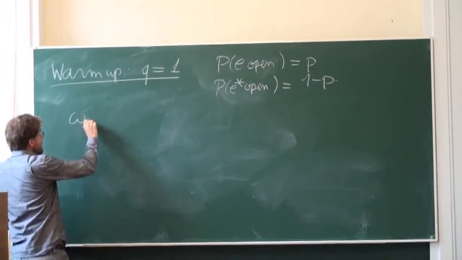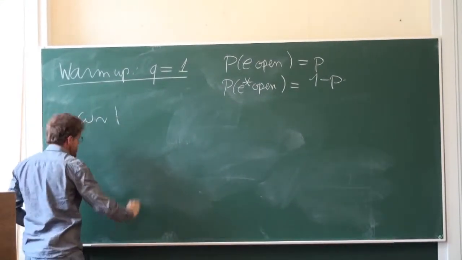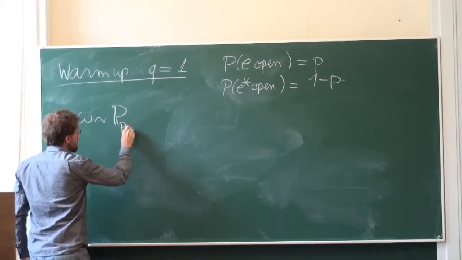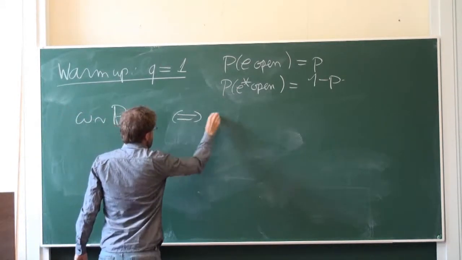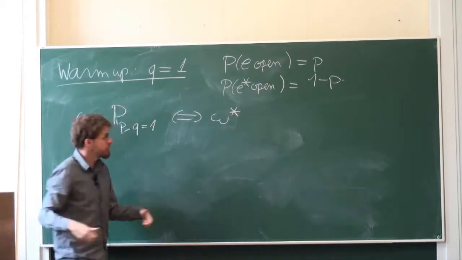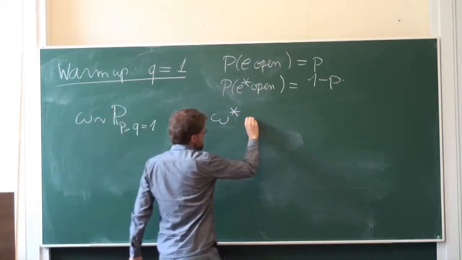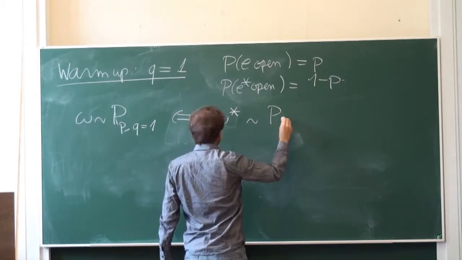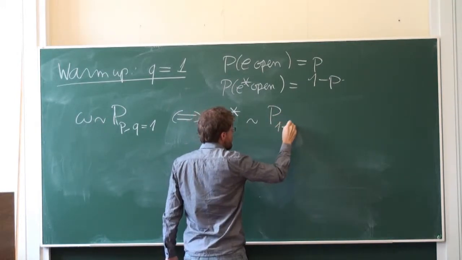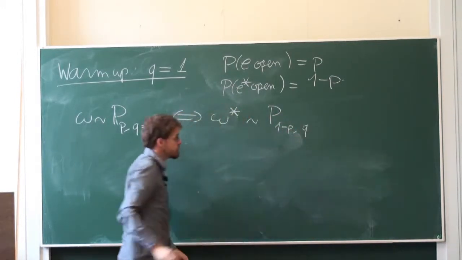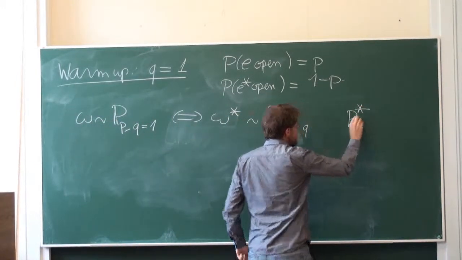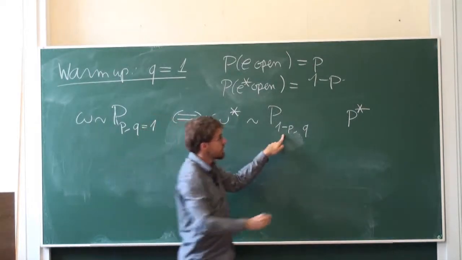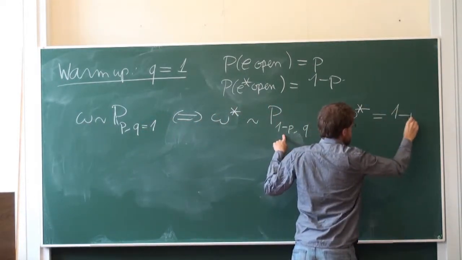So if omega is distributed according to percolation, so for q equal to 1, then omega star, a configuration on the dual graph, is distributed according to percolation with parameter 1 minus p. So there is a p star, which is the dual parameter here, and p star is 1 minus p.